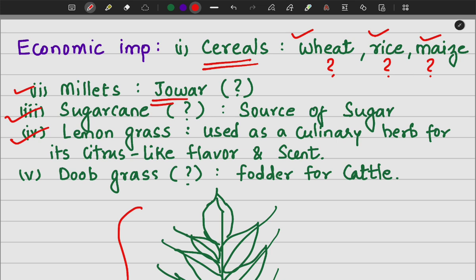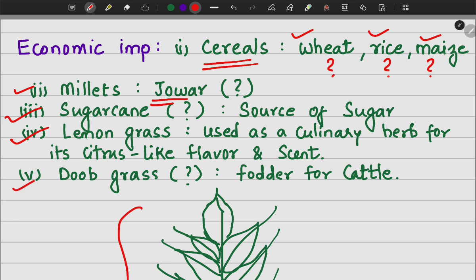So you might be familiar with lemongrass because it is used as a culinary herb. So a culinary herb is a part of a plant or a plant which is usually used to add flavor or color to a main dish, right? So this lemongrass has a lemon-like flavor and it is usually added in tea for its citrus-like flavor or scent.